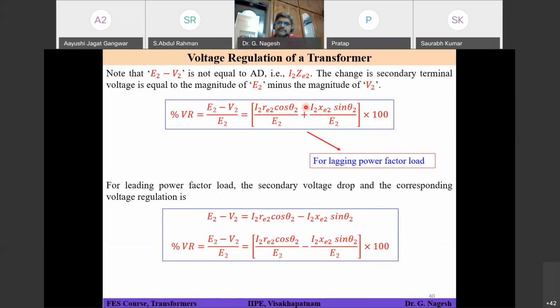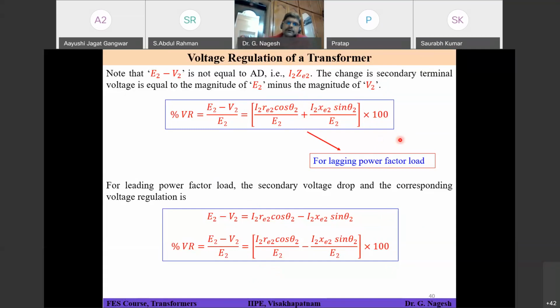Here you have got plus, here you will get minus. If you want to clarify that, you can draw the phasor diagram and check it out. So you will get I2 RE2 into cos of theta 2 minus I2 XE2 into sin of theta 2 for a leading power factor load. Got it. So this is the percentage voltage regulation for leading power factor load, and for lagging power factor load it is shown here. So this is called voltage regulation.